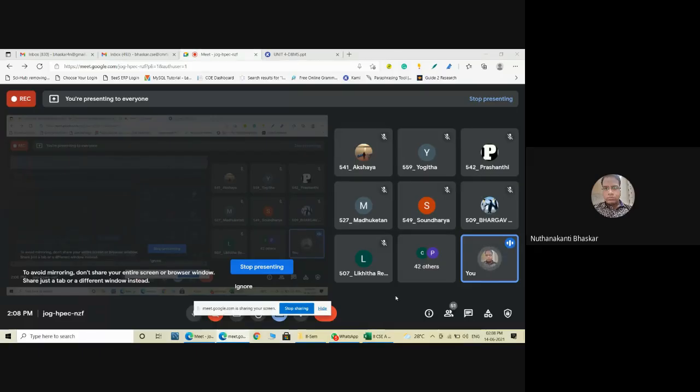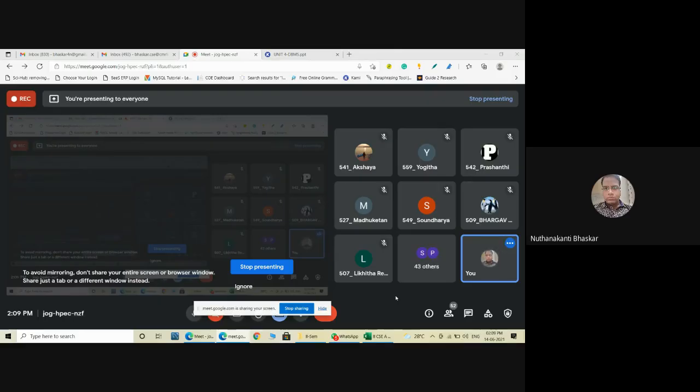Now we discussed a lot of things in the last class, and we even discussed the ACID properties. Can anyone tell what the ACID properties are? Very important. Everywhere people will ask this. We even discussed in the first unit the differences between the file management system and DBMS.